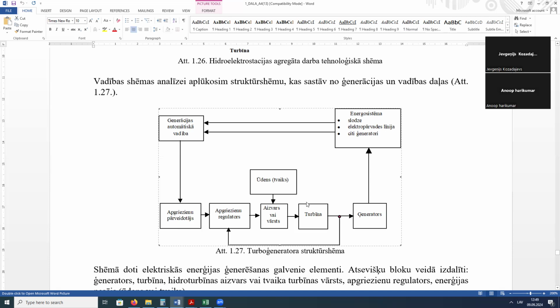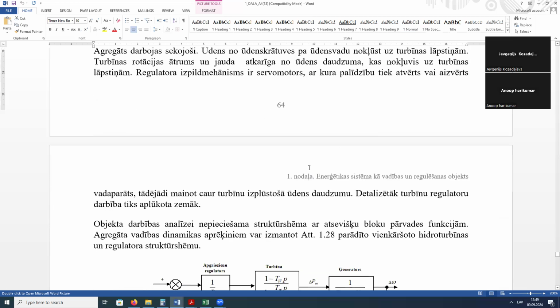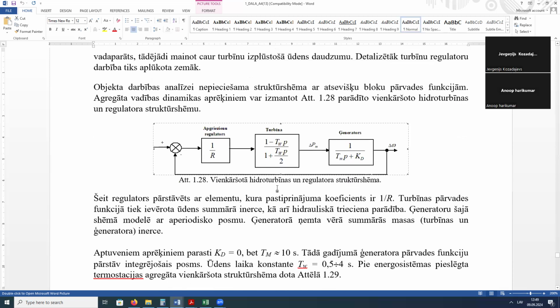In this case, we could convert this scheme to a control theory block scheme.